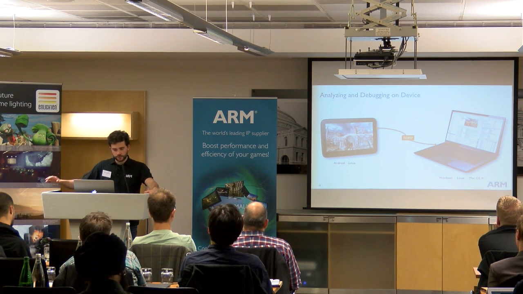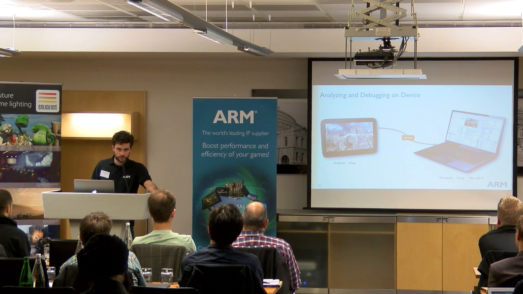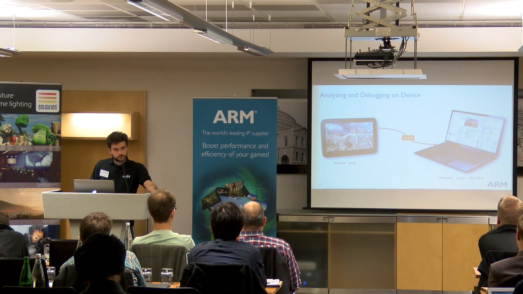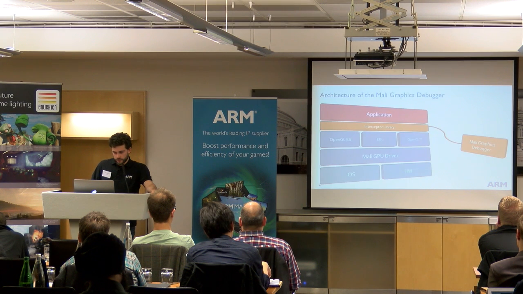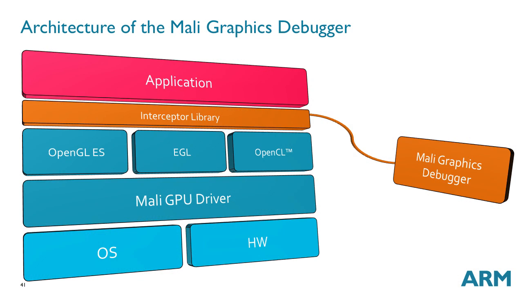And then you can connect to basically any kind of host operating system to debug. I will spend some time showing you how we used the Mali Graphics Debugger in the second part. Before that, I would like to show a slide that shows how we have implemented it.